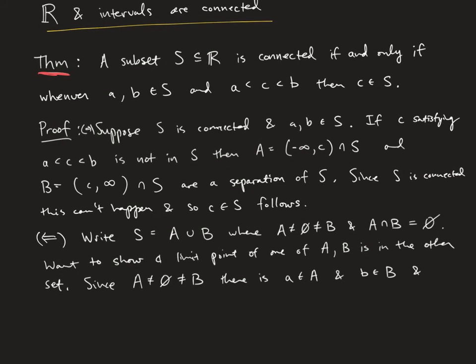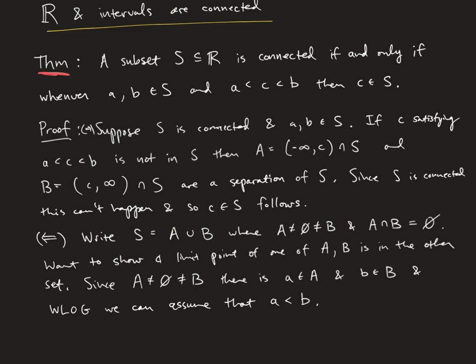And without loss of generality, just by reversing the names of A and B, we can assume that little a is less than little b. Of course, these sets are disjoint, so a can't be equal to b.